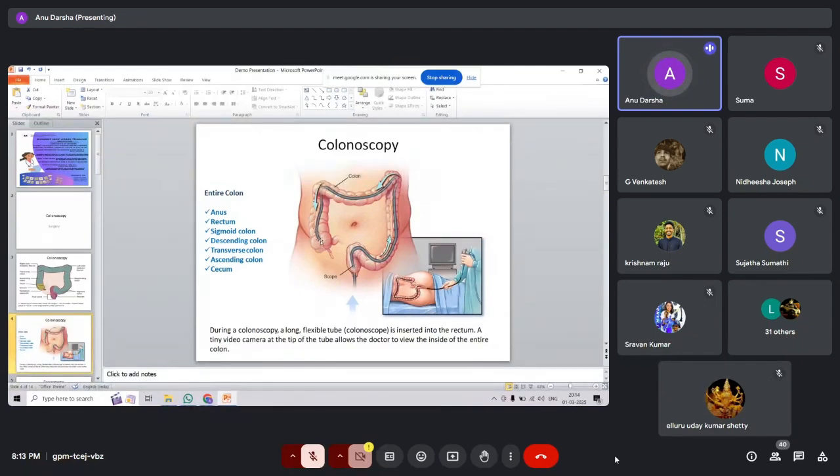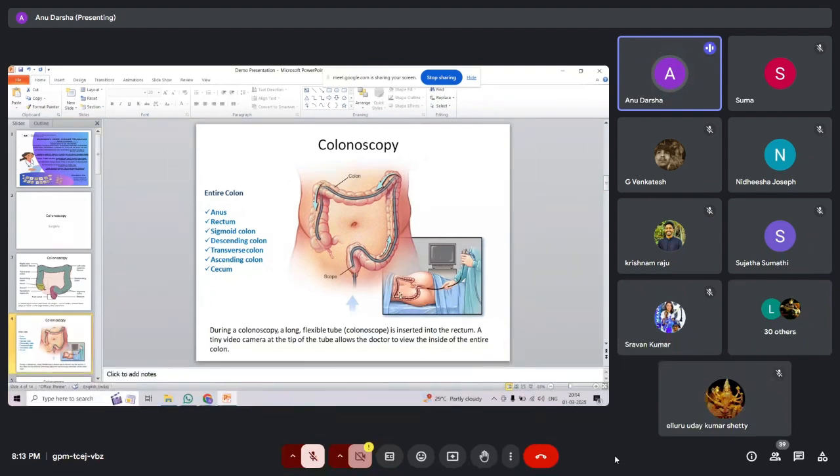So basically, at the end of this scope, there will be a camera. Through that, they will be able to see whatever is there inside the intestine. They will be able to see on this screen basically.